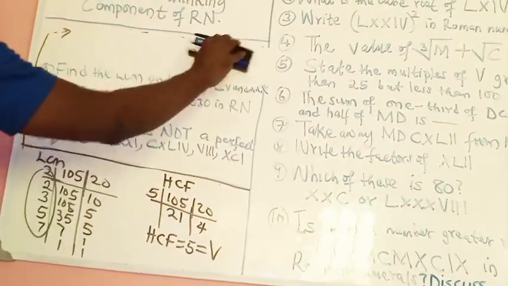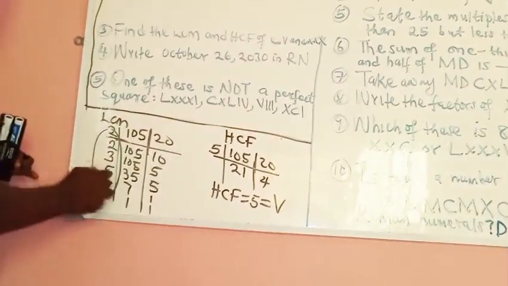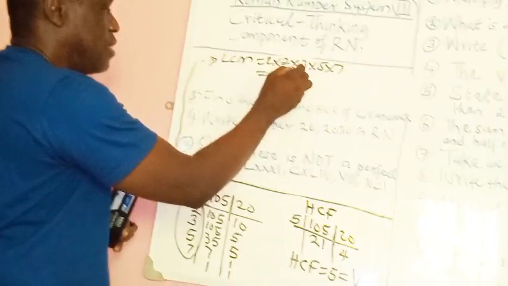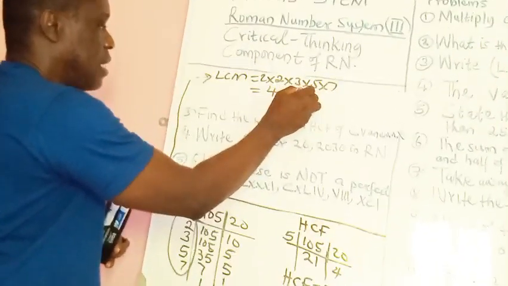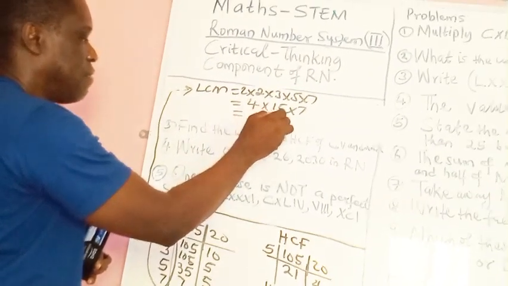Now, can I clean this now? So I can have our LCM here. Let me clean this. So I can have a conclusion. Now, our LCM now is simply this. You multiply all down with 2 times 2 times 3 times 5 times 7, which gives us 2 times 2 is 4, 3 times 5 is 15 times 7. 4 times 15, that gives us 60 times 7.